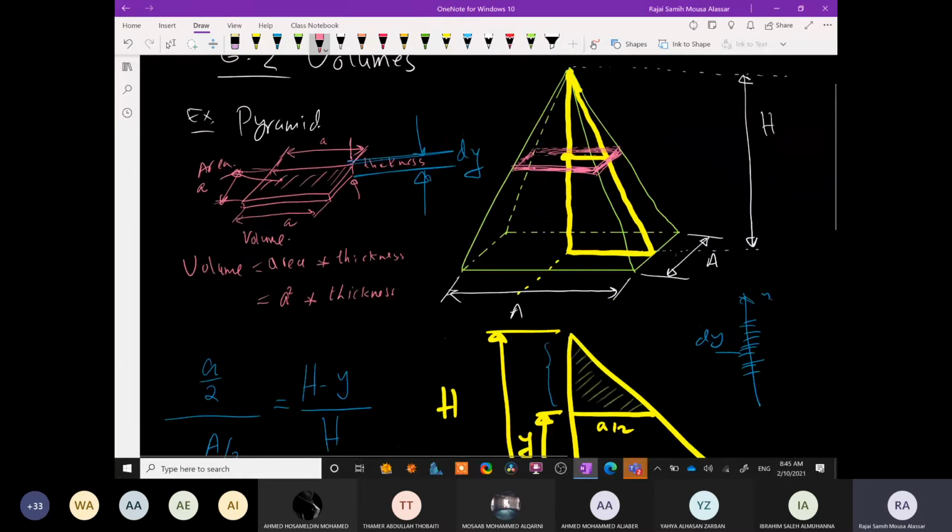How many samples can you take here? Infinity. Yes, these are the samples that you can take, similar samples. So they go from where to where? From y equals 0 to y equals h.